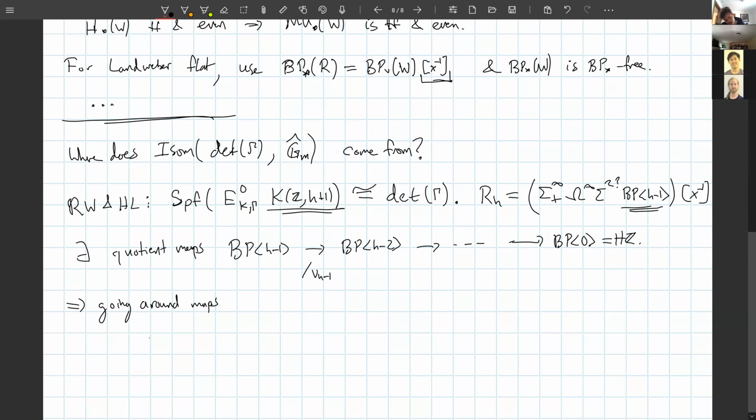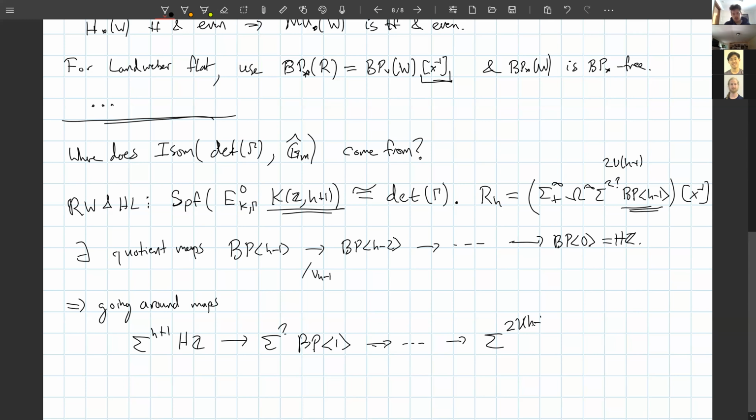And if I start with suspension H+1 HZ, then I get to suspension of BP<0>, BP<1>, and then I keep going, and I get up to suspension, exactly this number, 2v_{H-1}, of BP<H-1>. And then I hit this thing with suspension infinity plus loops infinity.